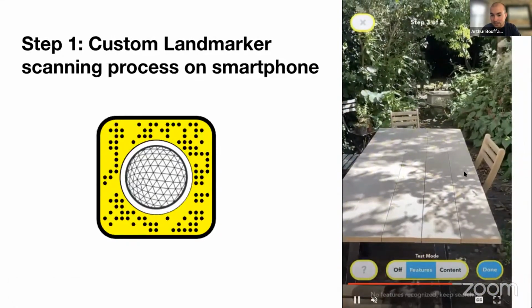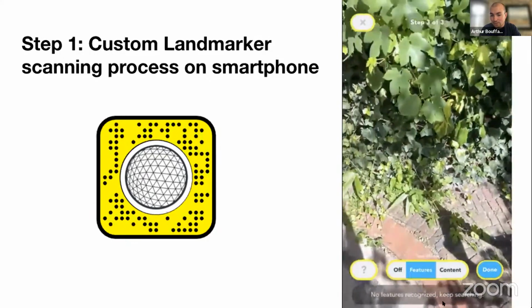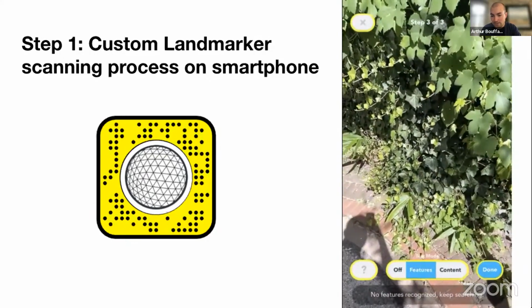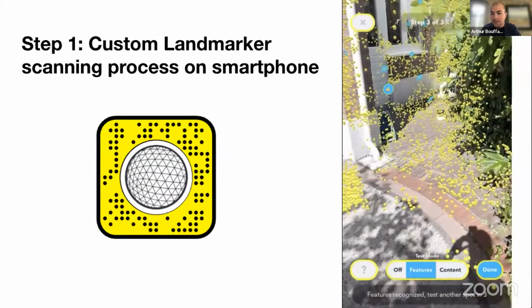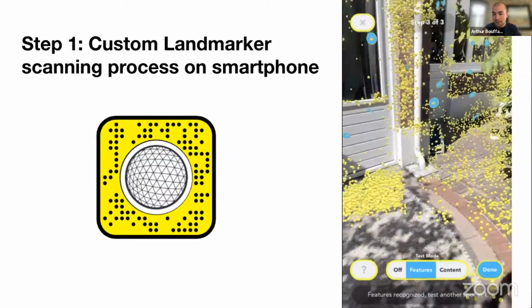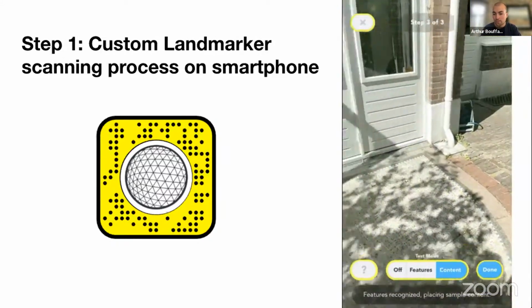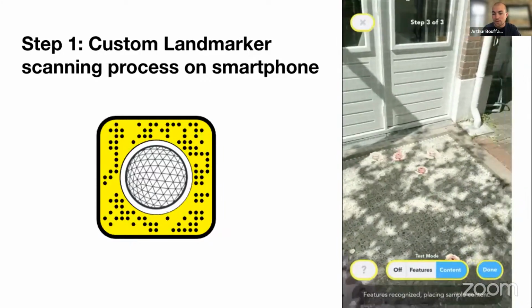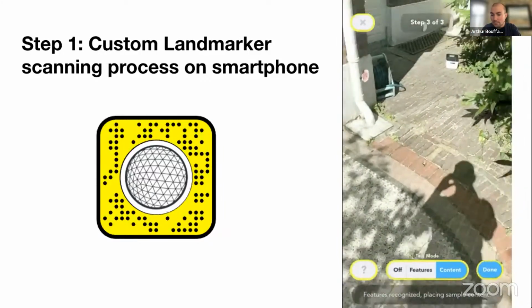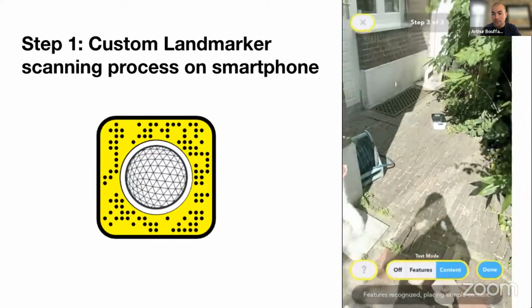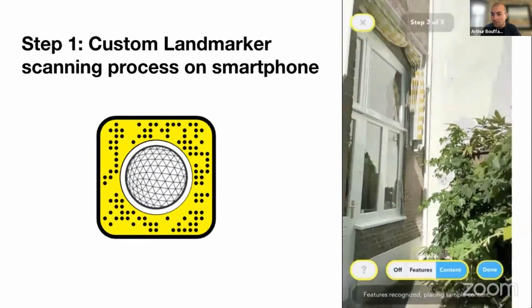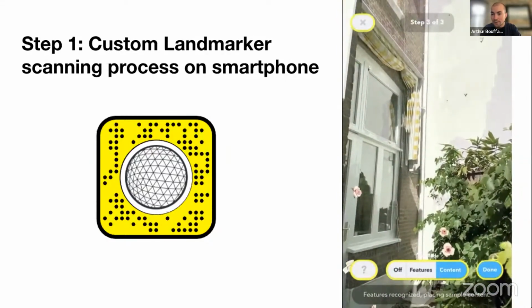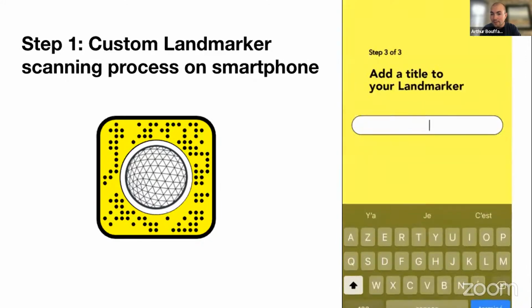As you can see here, when there's no features recognized, it will give you a little message at the bottom of the screen. And when it recognizes features again, it means that the phone would be able to use the custom landmarker tracking at that point. And then there's a little content section here where you can place roses by default, which is also a very, very neat feature.